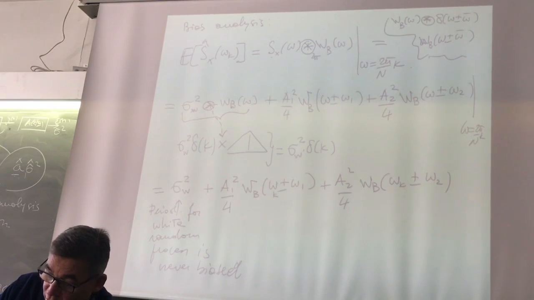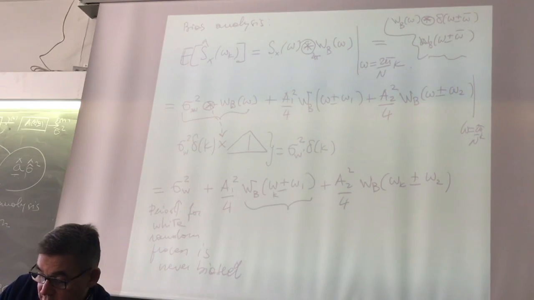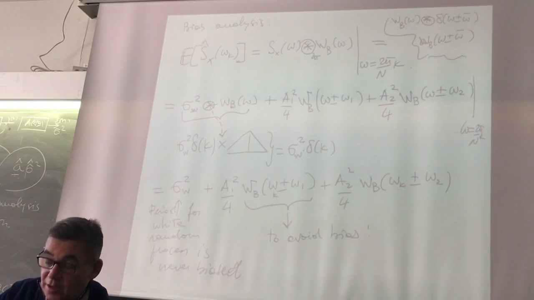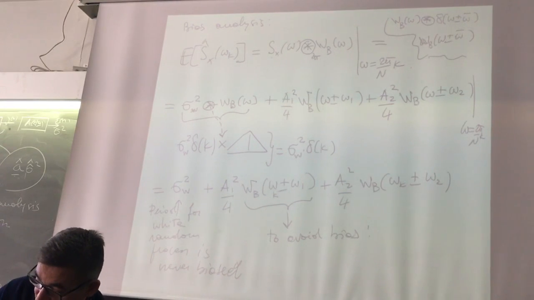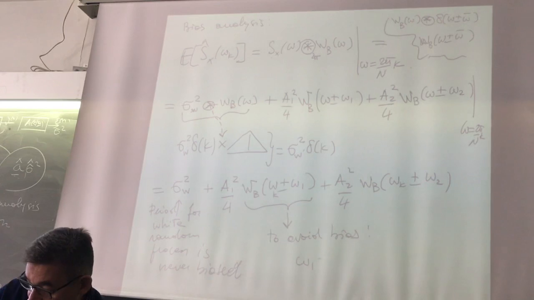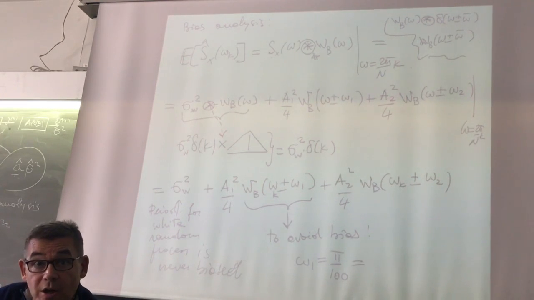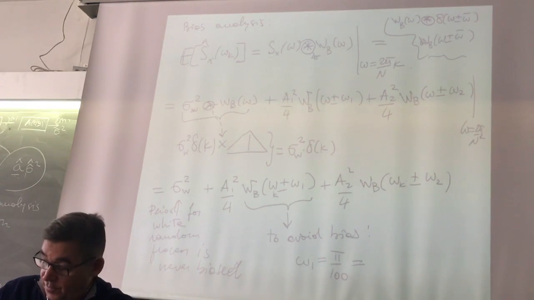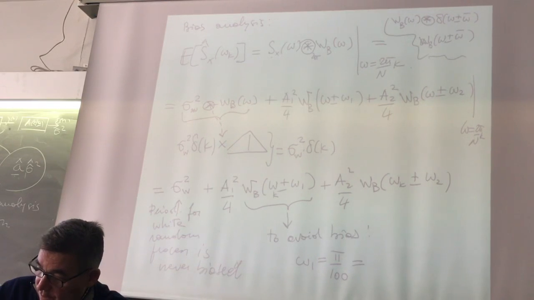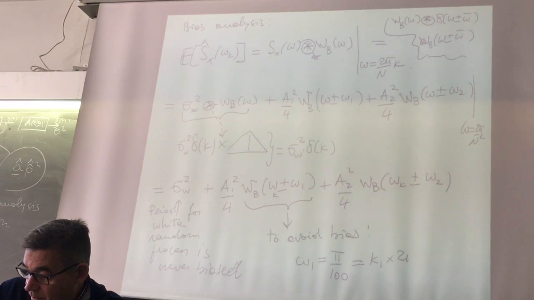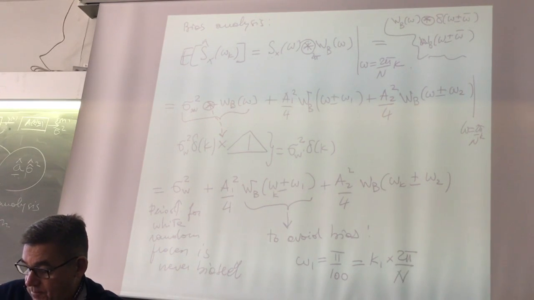Now, this is the bias. So to avoid the bias, what I need to do is to make omega 1, which is equal to pi divided by 100, equal to an integer number of periods of interval 2 pi divided by n. So it is k1 multiplied by 2 pi divided by n.